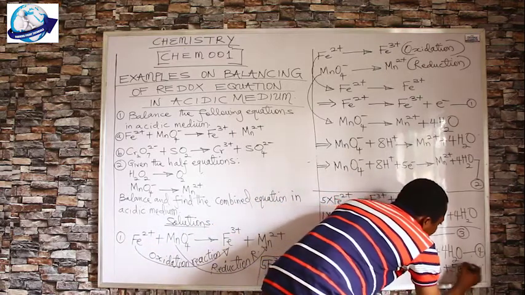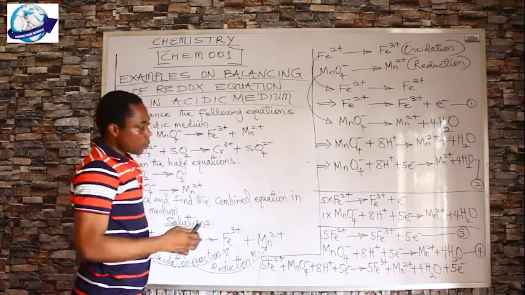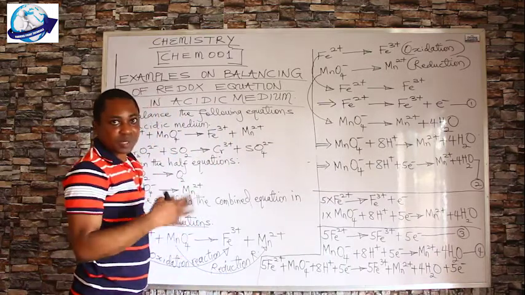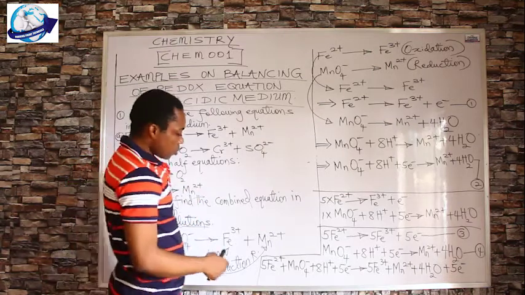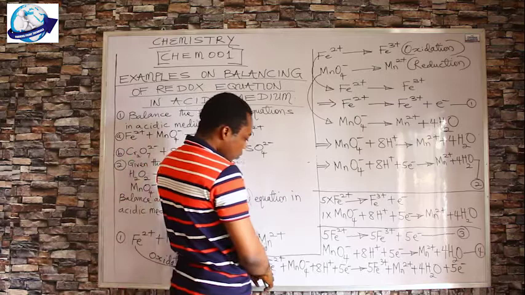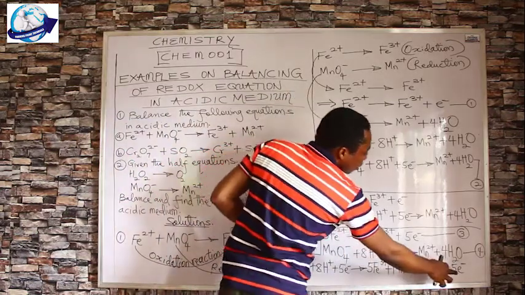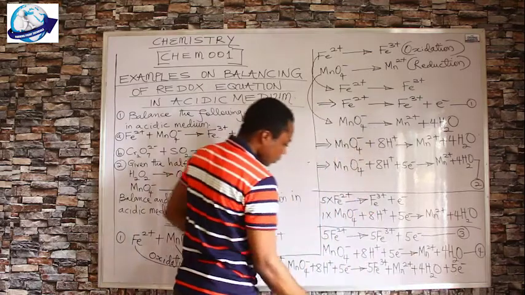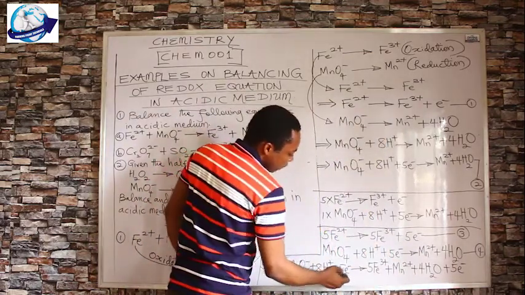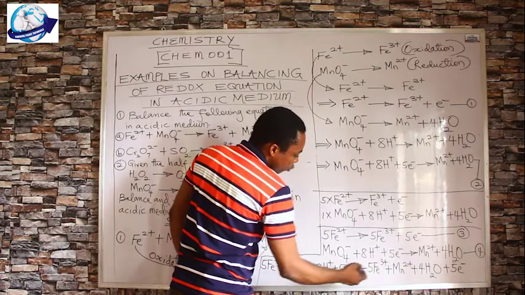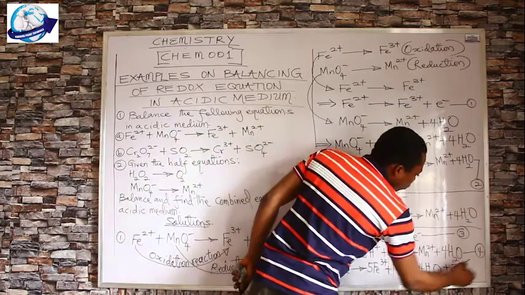This one gives us the combined one, but the next thing to do, like I said before, is: is there any species that is repeating itself, appearing on both sides at the same time? Now you consider there's none except electron. Electron is on the left hand side, and there's another electron on the right hand side. Then we cancel out the electron. 5 electrons and 5 electrons are equal at both sides, so we slash them out.